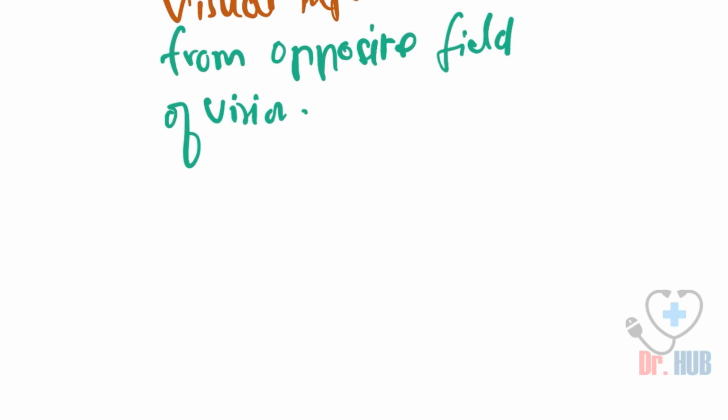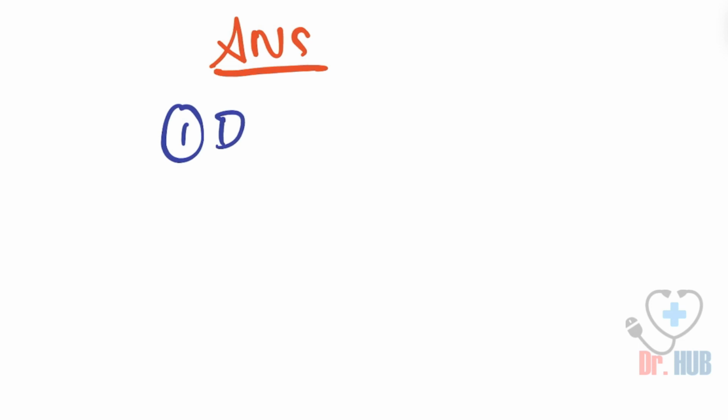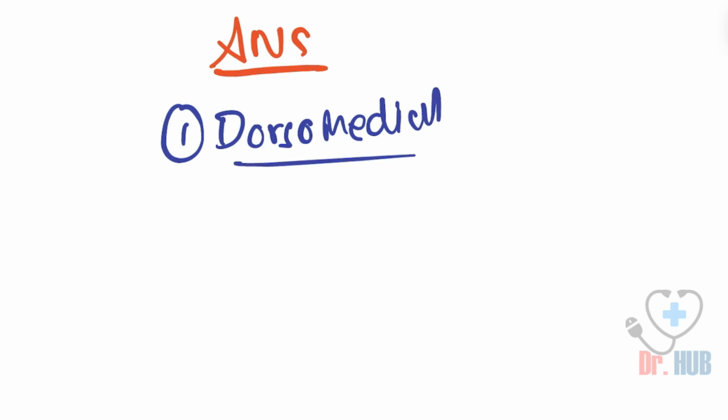So now we will move on to answering our questions. We are going to look at the answers. The first question we asked was, what are the dorsomedial nuclei? First we need to know the input.